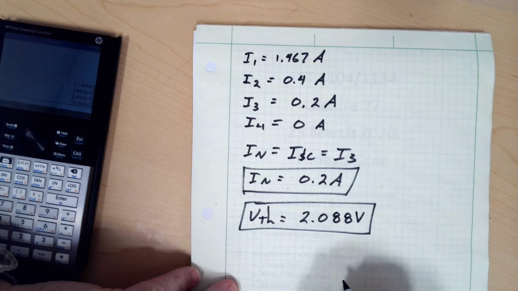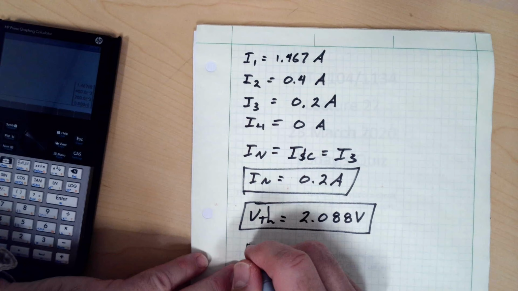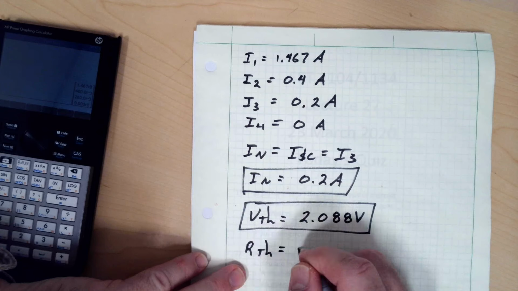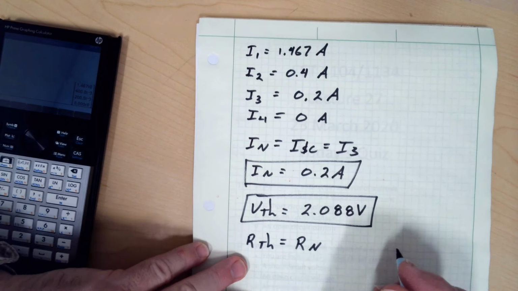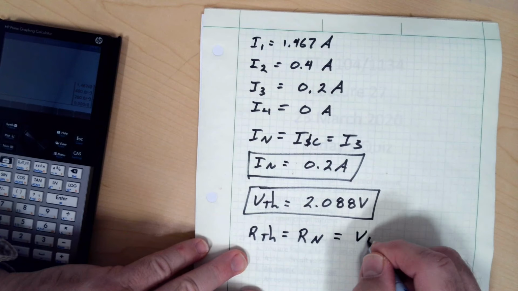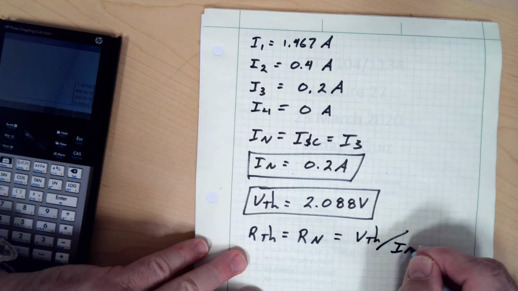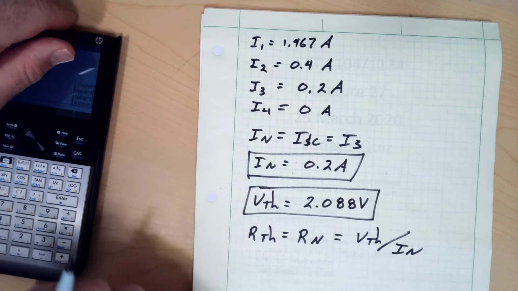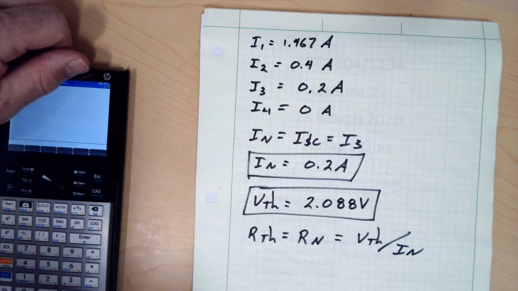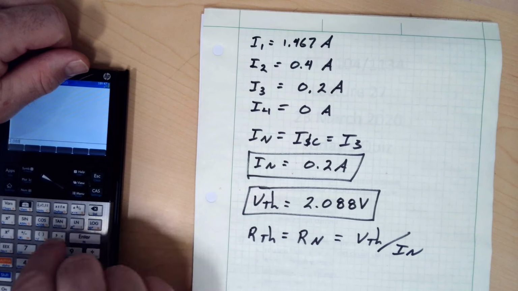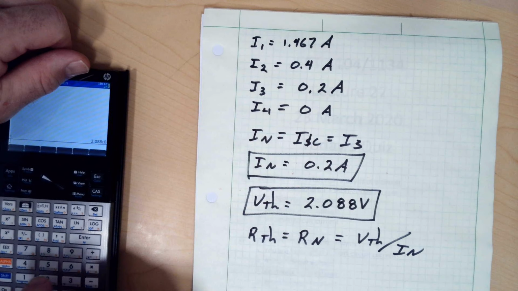Well, that leaves us one other value to find, and that is our R Thevenin, which is equal to R Norton, which is equal to our V Thevenin divided by our I Norton current. So let me just do V Thevenin, which is 2.088 volts, divided by 0.2 amps.